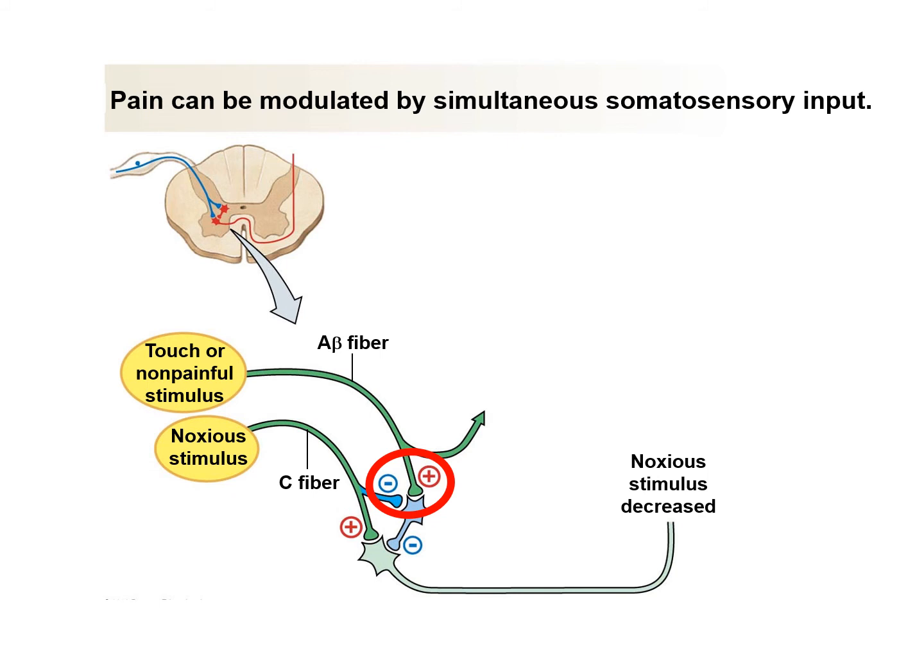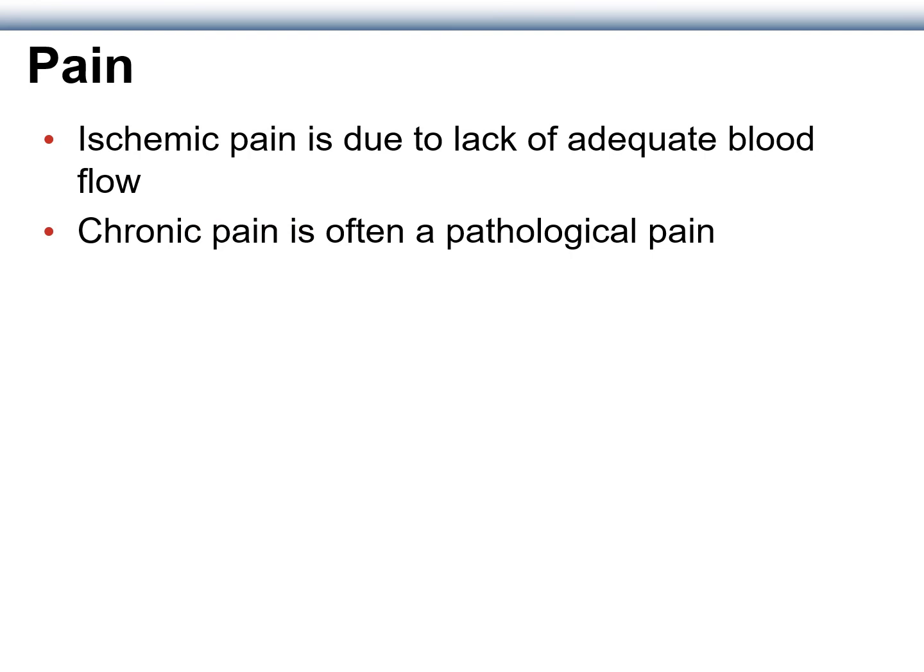A whole lot of pain therapy centers around this idea of this neural architecture regulating this gate on how much pain we perceive. A couple other aspects of pain, and we're going to use these as examples of the larger issue.